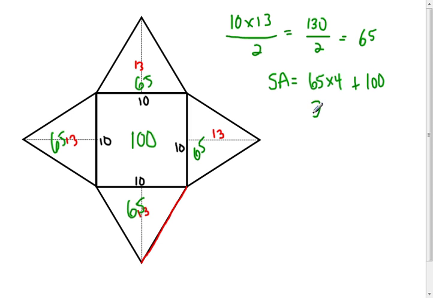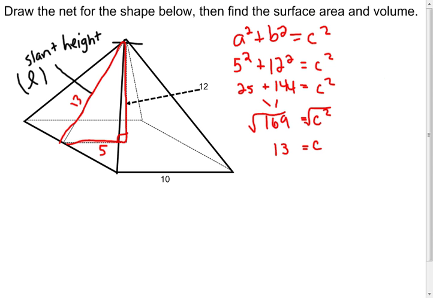This is 260 and 100, so the surface area is 360 units squared.